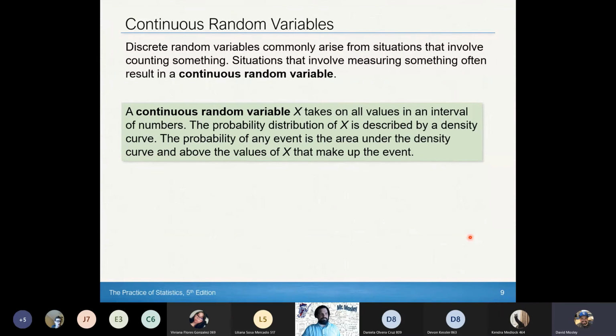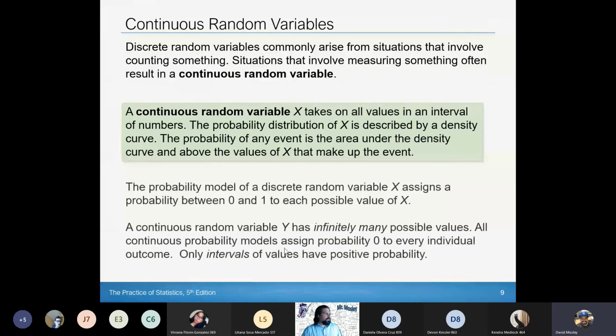Remember, in chapter 5, we're dealing with probability and looking at the normal curve. We used the density curve and the area under the curve to find probabilities, and we used table A, z-scores, all that stuff. It's coming back. So the probability model of a discrete random variable x assigns a probability between 0 and 1 to each possible value of x. That's discrete.